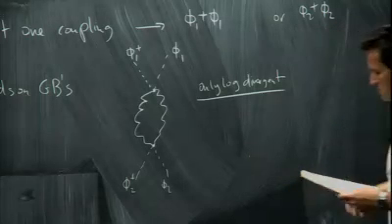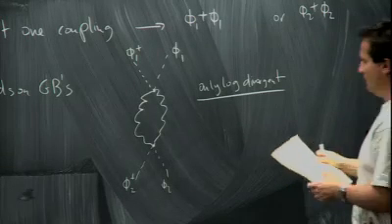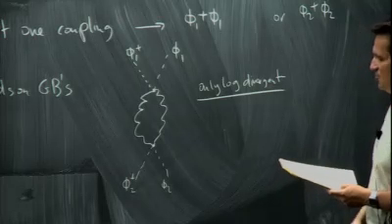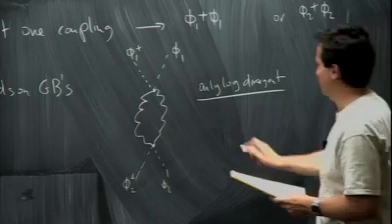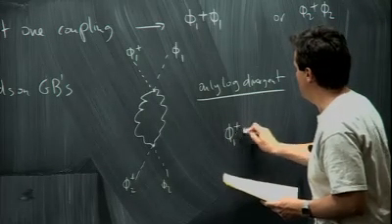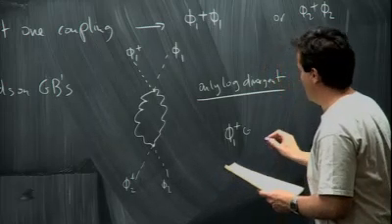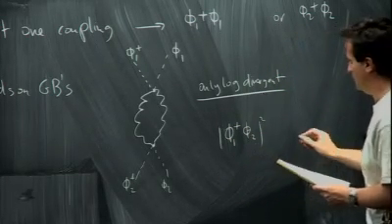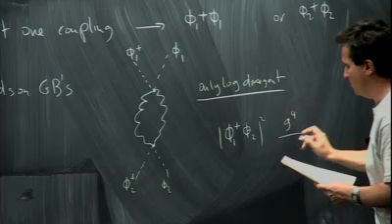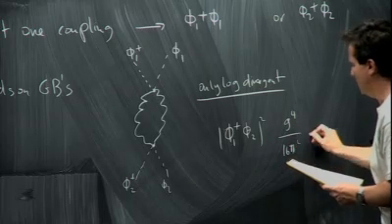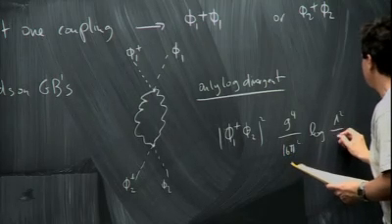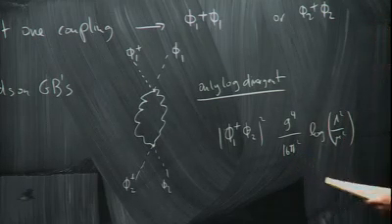So the leading expression for the mass parameter generated by loops in this case will have a form like this: phi 1 times phi 2 absolute value squared, times g to the 4 over 16 pi squared, times some log of the cutoff scale divided by the IR scale of the theory.